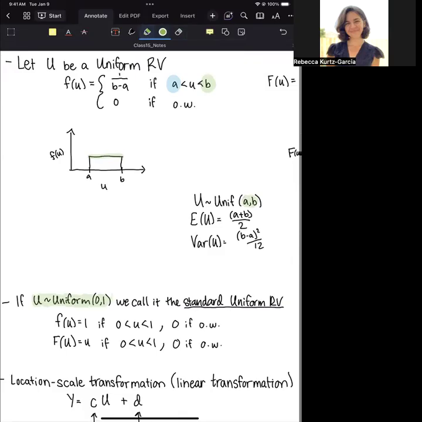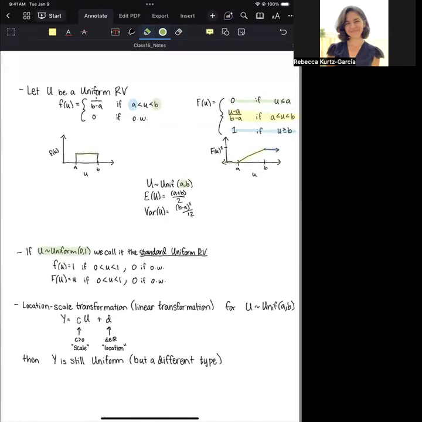And then our CDF ends up just being a straight line from (0, 0) to (1, 1). And that's our CDF before it flattens out at 1 and at 0 when you're going in the positive direction and the negative direction, respectively. So it's a fun, special version of the uniform random variable.